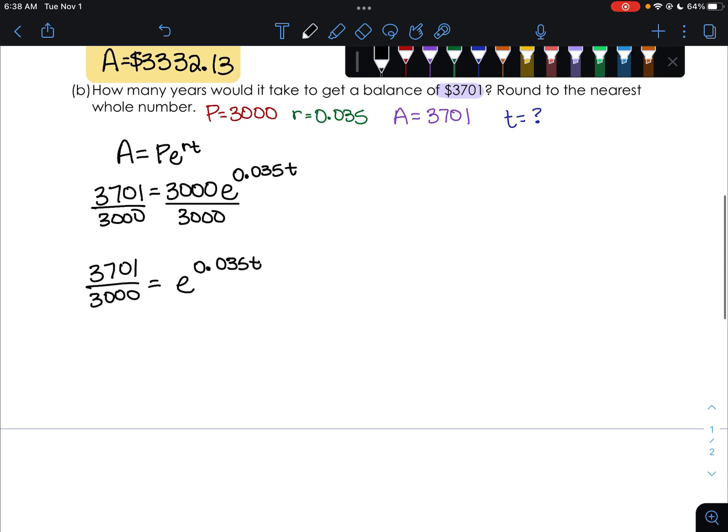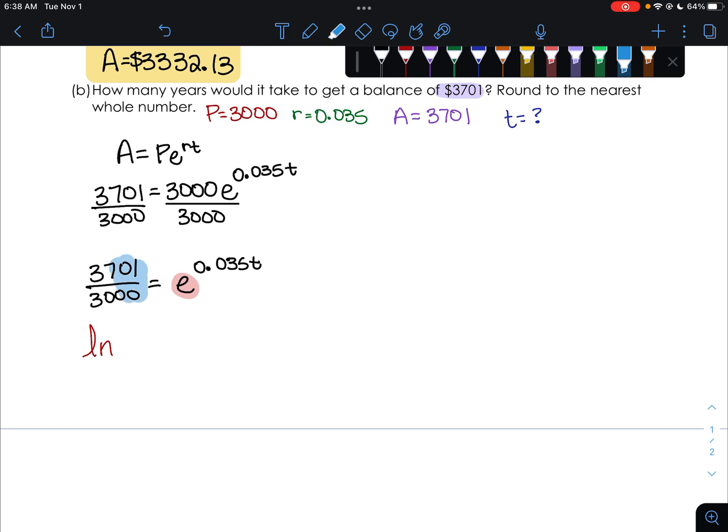Now it's to the point where there's nothing left we can do, so we're going to switch it to logarithmic form. When you get to a point of solving in exponential form and there's nothing left, you just switch it to the other form. My base is e. When the base is e, you use the natural log.